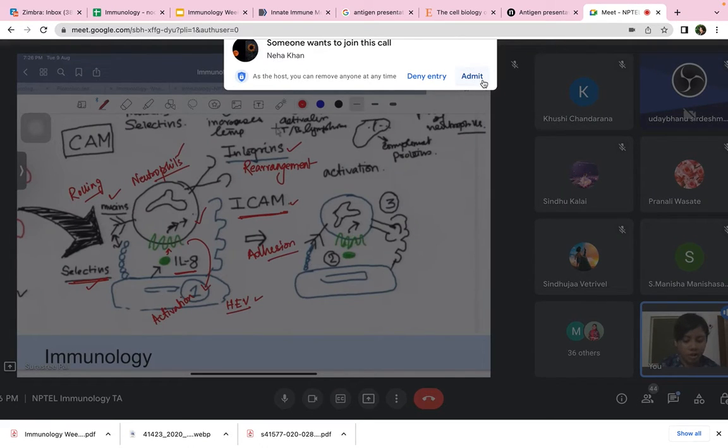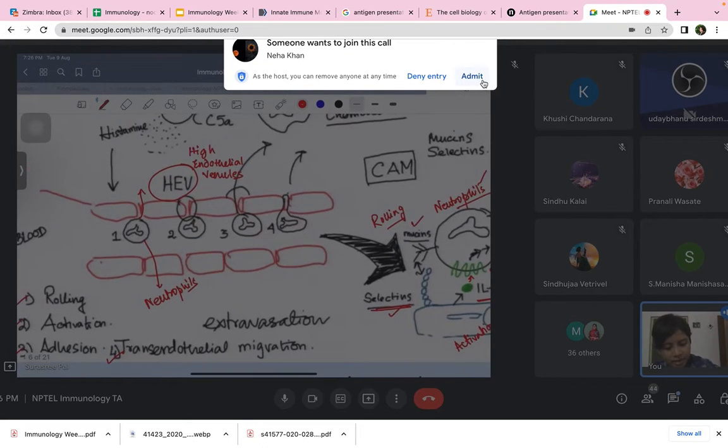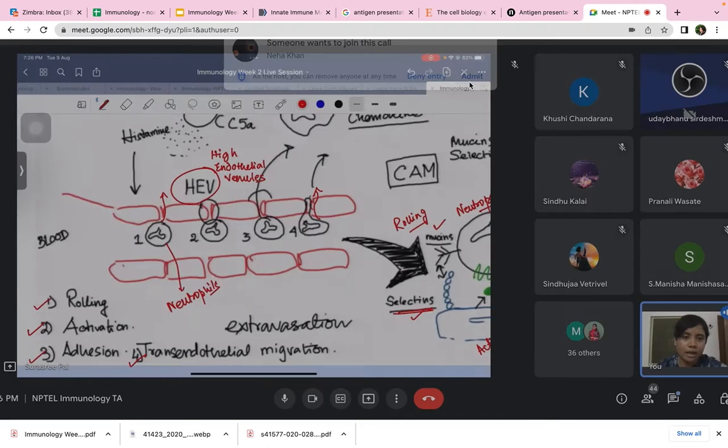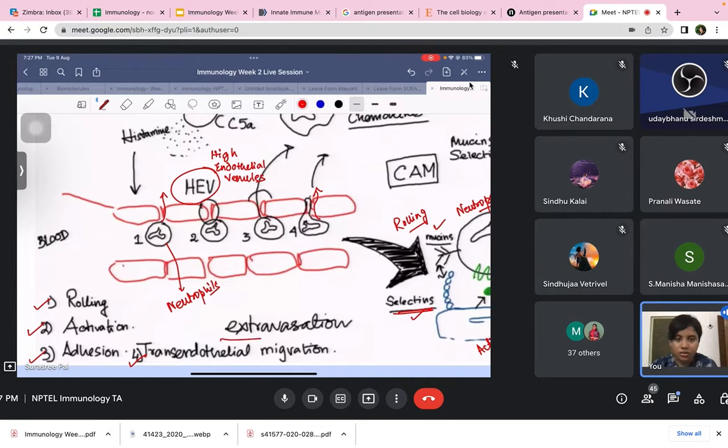So that is adhesion. And the last step is the transendothelial migration. In this transendothelial migration, you can see that this neutrophil is going outside, right? This total process by which the neutrophils go outside the blood vessels is called extravasation, right?